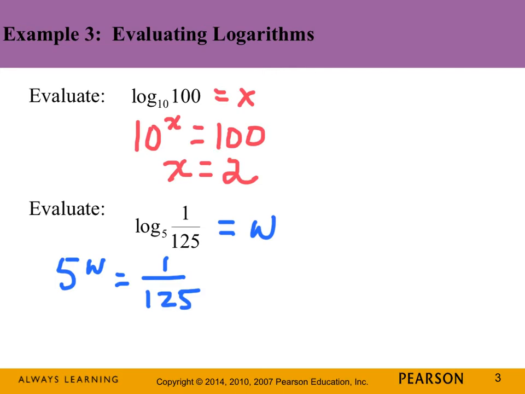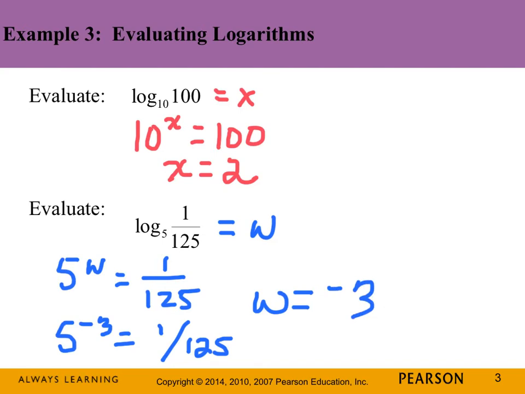So this tells you they're actually using a negative exponent, aren't they? This would be rewritten as 5 to the negative 3rd power equals 1 over 125. And you can check that on the calculator if you don't believe me. And so we say that w in this case equals negative 3.